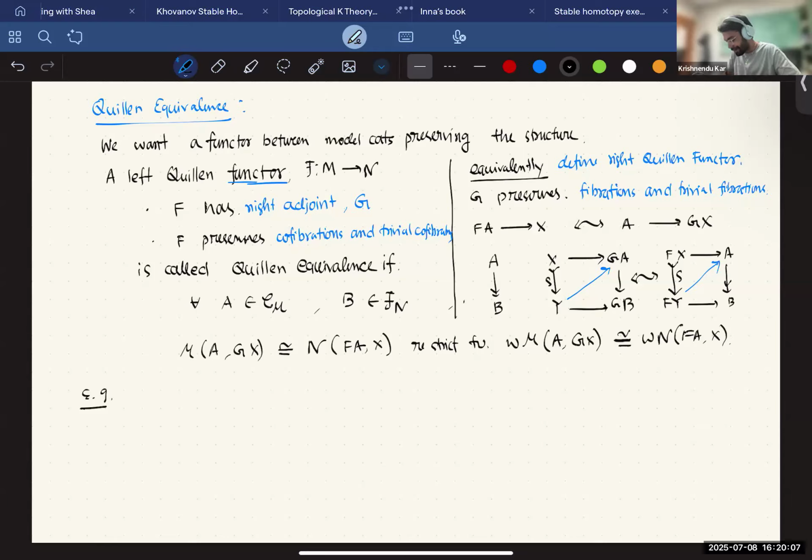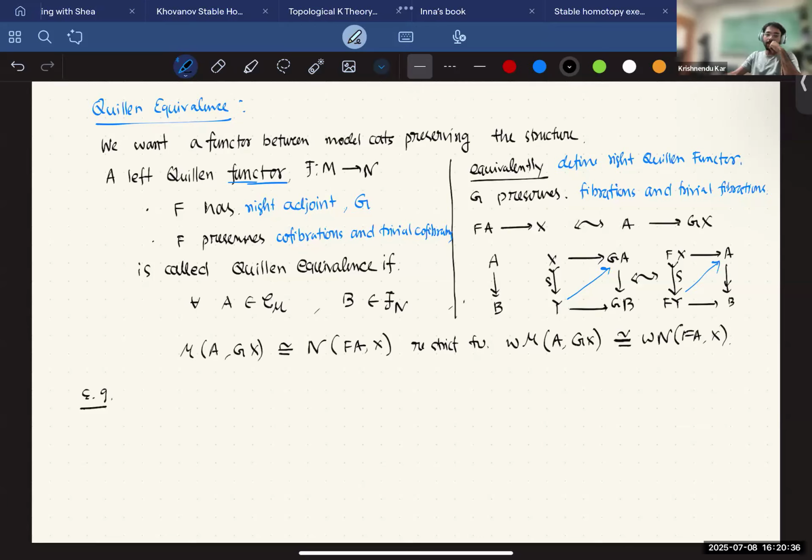It may not be very obvious from here, but what I'm trying to say is that if A also enjoys a fibrant structure and GX also enjoys a cofibrant structure, then the weak equivalences between them are essentially your homotopy classes, and on the right side you also get homotopy classes and their structure being preserved. But that creates some extra condition. It's a little bit relaxed condition than that.